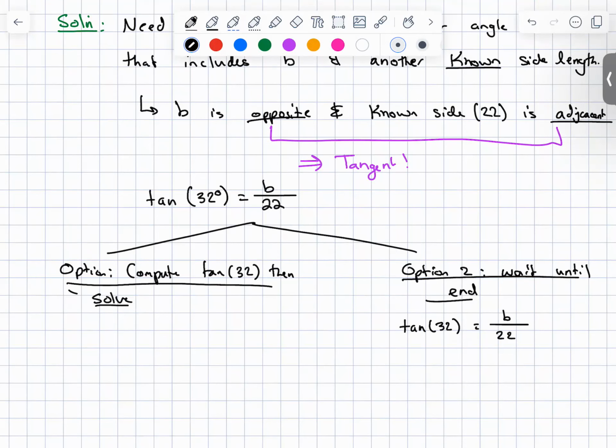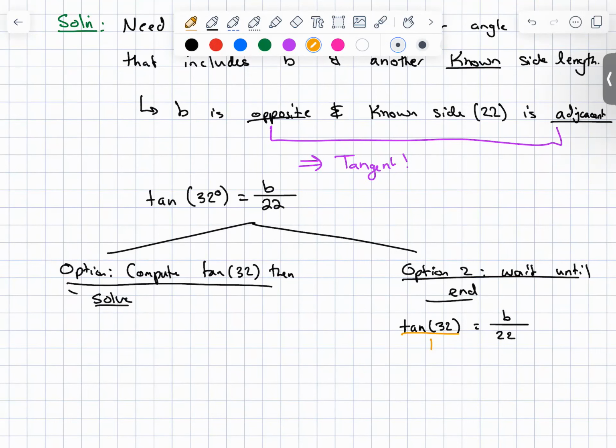You could use the cross multiplication trick by treating tangent of 32 as a fraction and then cross multiply, or you could think of it as we need to get B by itself. It's being divided by 22, so all you need to do to get rid of that division is multiply by 22. However you want to do it is fine. Do you guys want to do cross multiplication or multiply by 22?